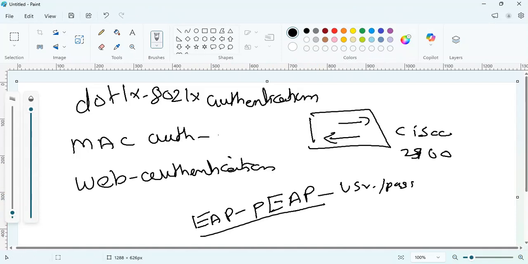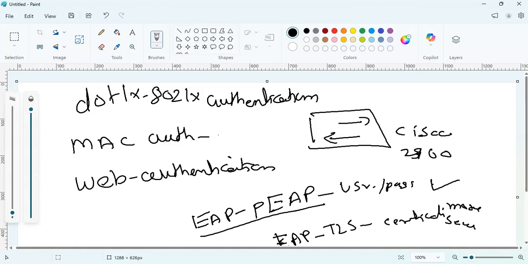Okay, PEAP in the 802.1X authentication, and the more secure one is the certificate. That name is EAP-TLS. It is a certificate-based authentication. It's more secure as compared to PEAP, the username password. So nowadays they are going to use only EAP-TLS.